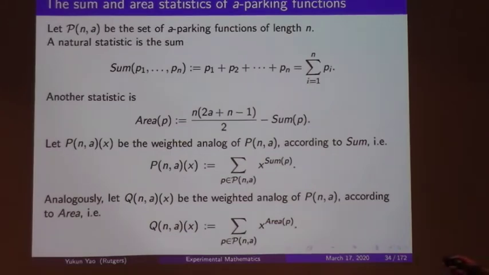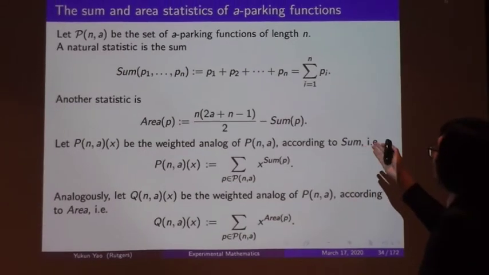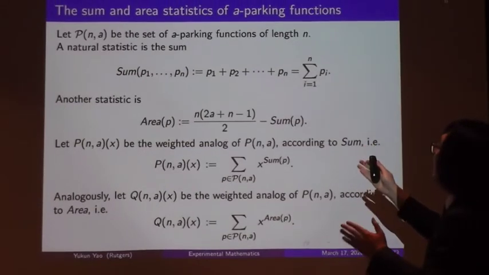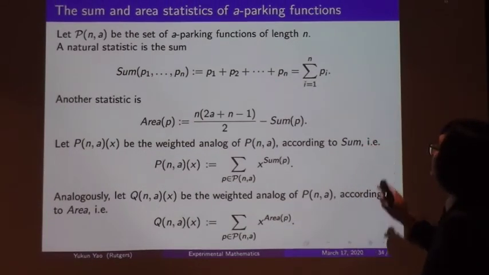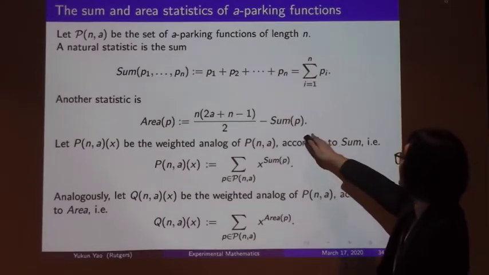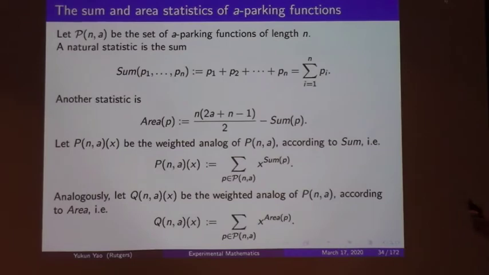The statistic sum is very easy to understand: we just add up all the elements in the parking function. Another one is called area, which is defined as follows. The reason we call it area is because it is connected to the Brownian excursion. I'll show it in a minute.